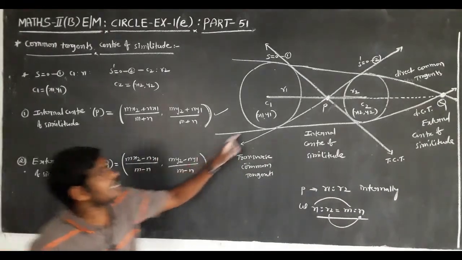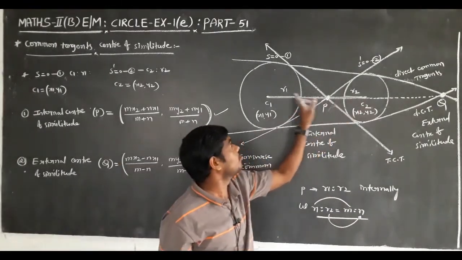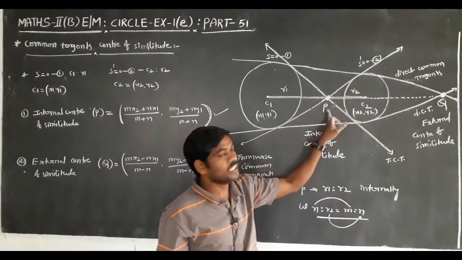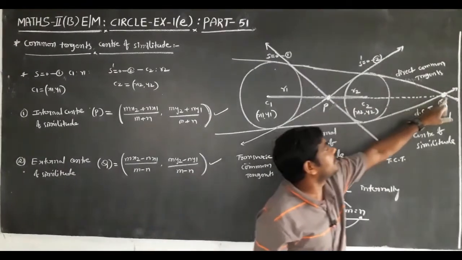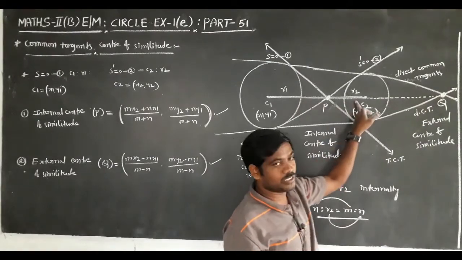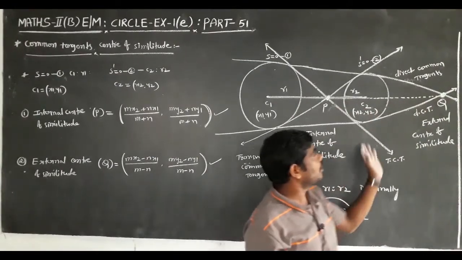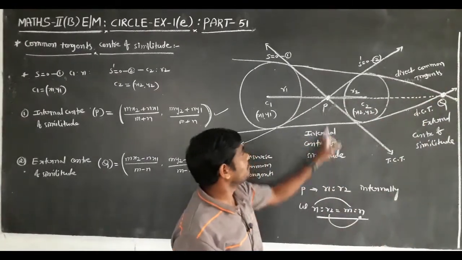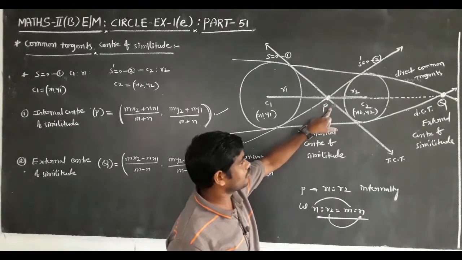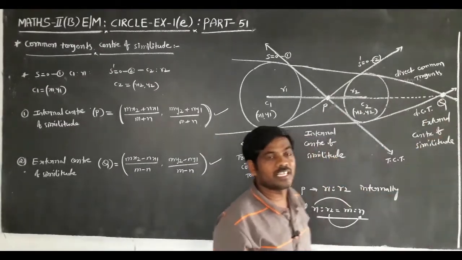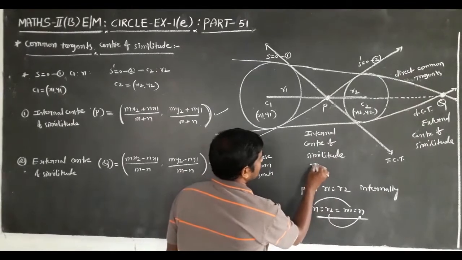P divides the line segment C1 C2 in the ratio R1 is to R2 internally. Q divides the line segment C1 C2 in the ratio R1 is to R2 externally. Here P is the internal center of similitude, Q is the external center of similitude.